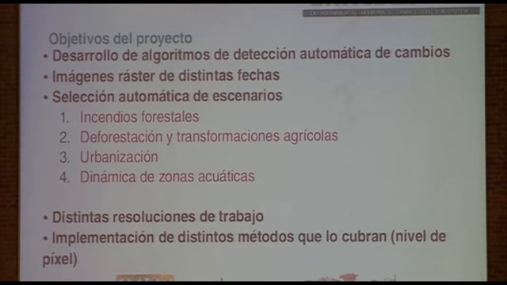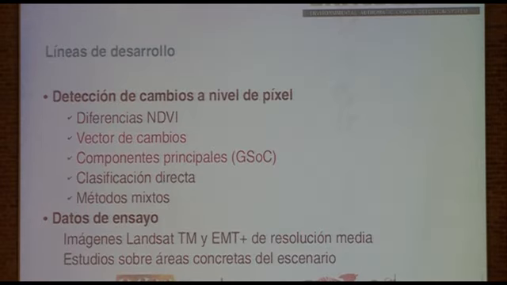And obviously we've been using gvSIG. This is why we are all here. So I will show you a little clip with the tool. But first I have to explain a series of things so you will be able to understand the tool. So first, we started from scratch. We have been detecting changes from the pixel level, and we've been using tools like, for example, the change reader.